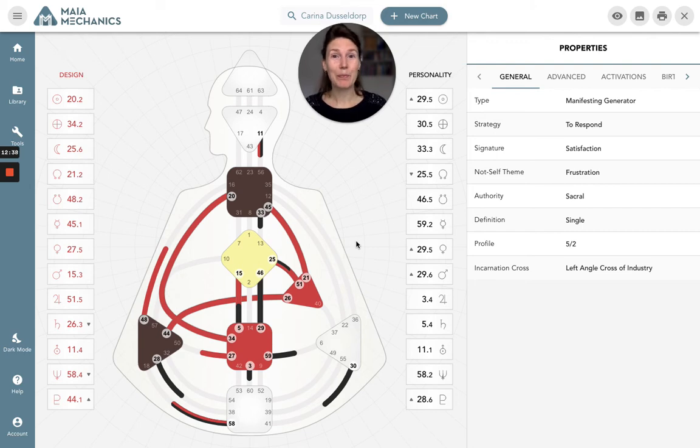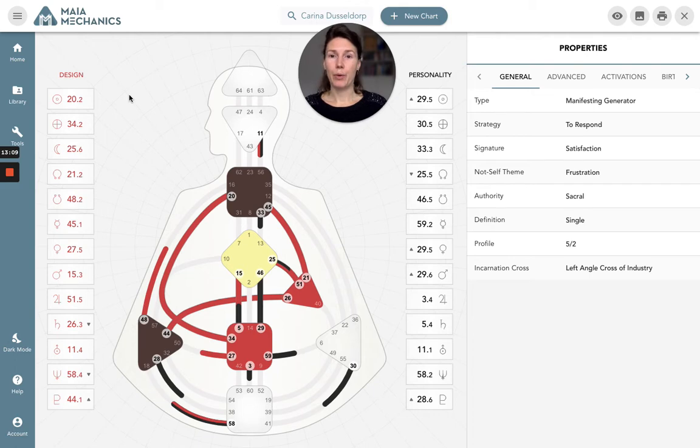That's possible. But in every design, there are 13 gates defined on the design side and 13 gates defined on the personality side. So that's fixed in every chart. But whether or not they make a channel, so the connection between two gates and connecting those energy hubs I talked about earlier, that's different in every design.